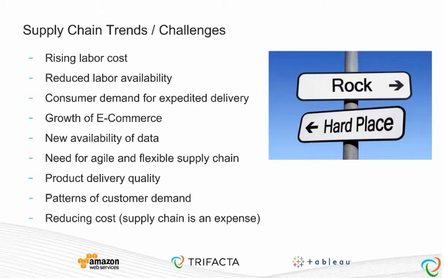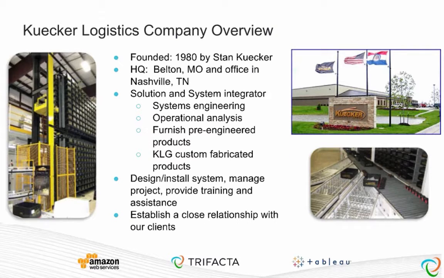And the last thing on here is trying to understand the patterns of customer demand. There's a lot of peaks and valleys in when things are being ordered, and a lot of that understanding comes from the data, knowing where you have to set up your different channels. So those are some of the supply chain trends and challenges that we're seeing right now. So we can go to the next slide.